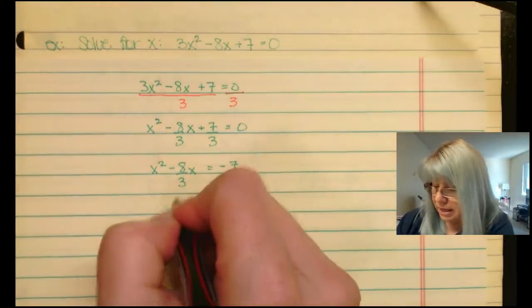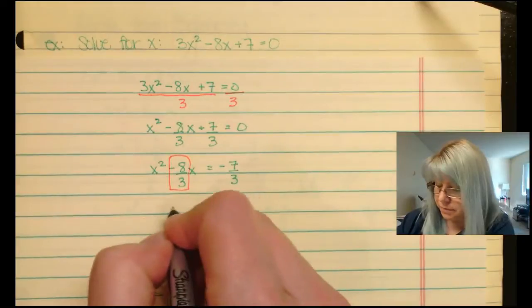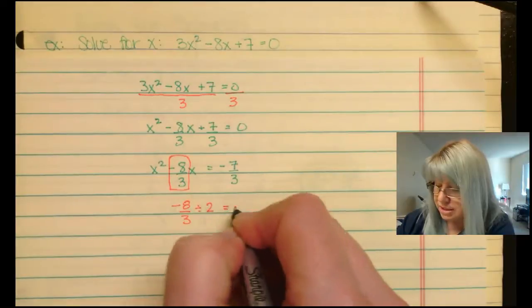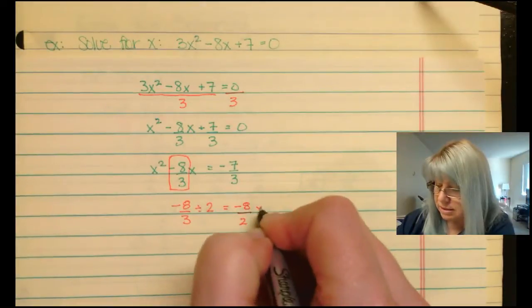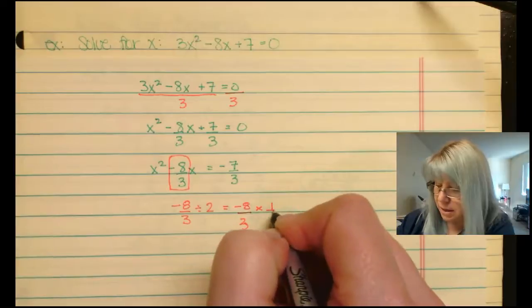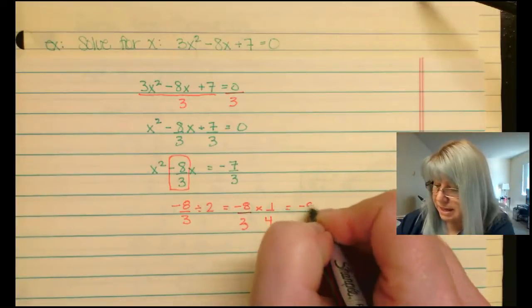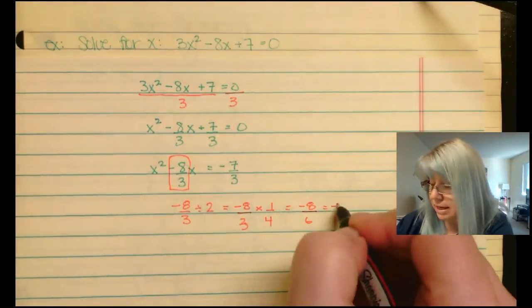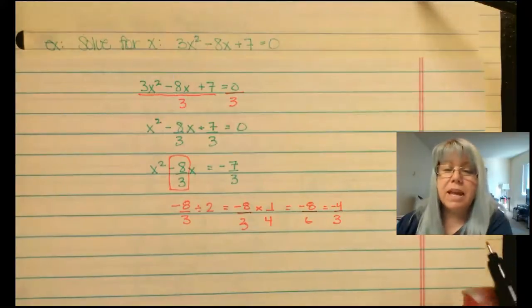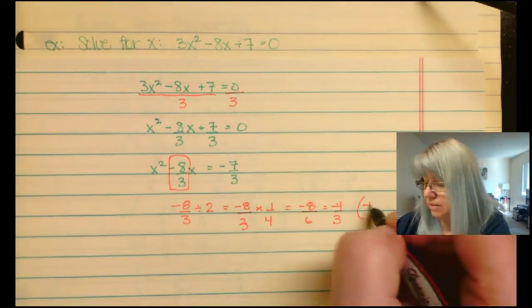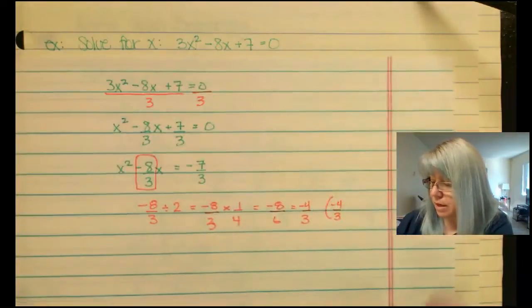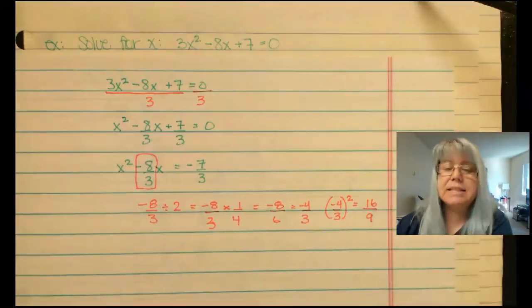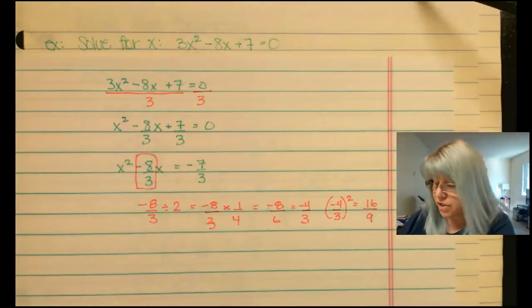All right, take that middle term, negative 8/3, divide it by 2, which is the same as negative 8/3 times 1/2. That's negative 8/6, which can be reduced to negative 4/3. And now we have to take negative 4/3 and square it. That gives us 16/9. 16/9 is what we add to both sides.